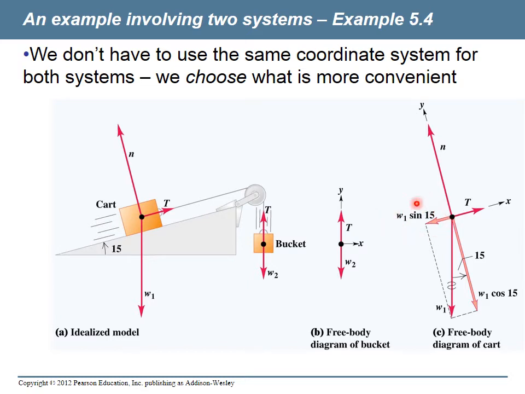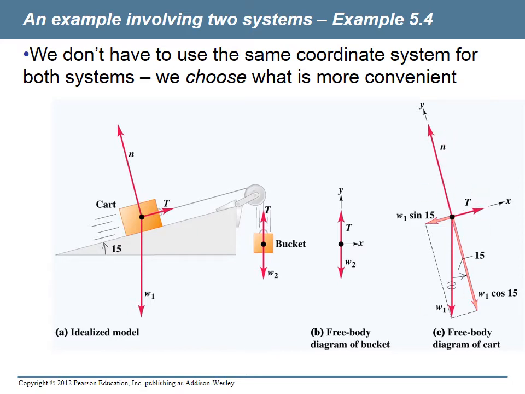So that's W1 is mg, so that's W1 sine of 15. And then the perpendicular component of it would be mg cosine theta, so that's W1 cosine 15. So the normal force would be out here, which is equal to W1 cosine 15.